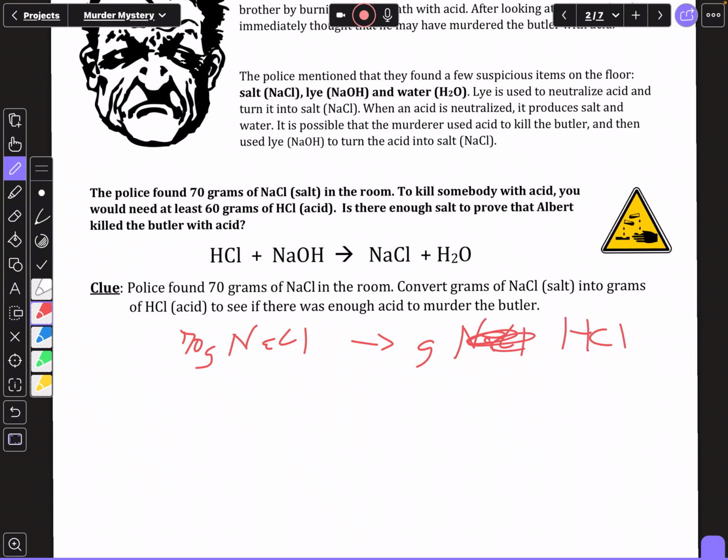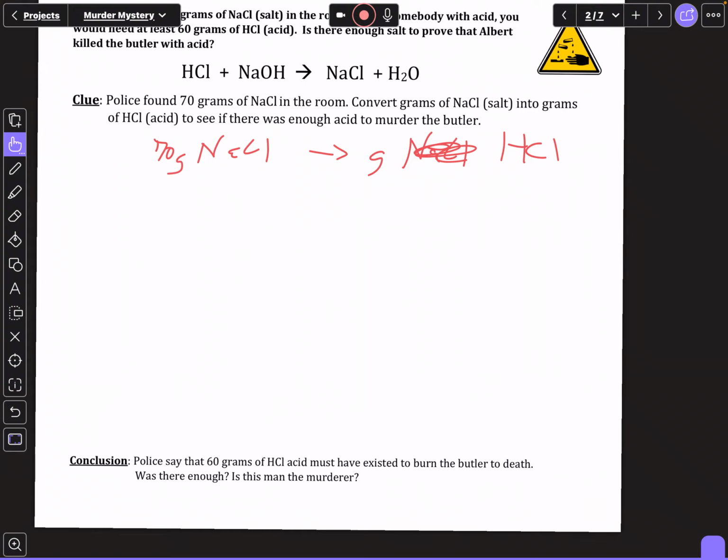So first you would convert 70 grams of NaCl to moles, then go from moles of NaCl to moles of HCl using the balanced equation, and then last convert to grams of HCl. Then figure out if there was enough, and if he's the murderer.